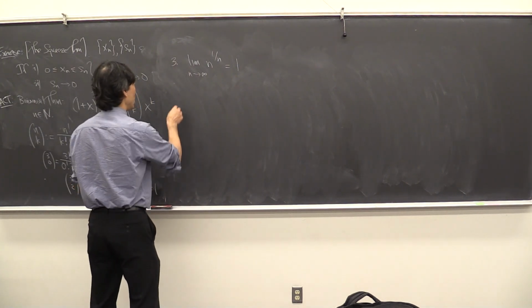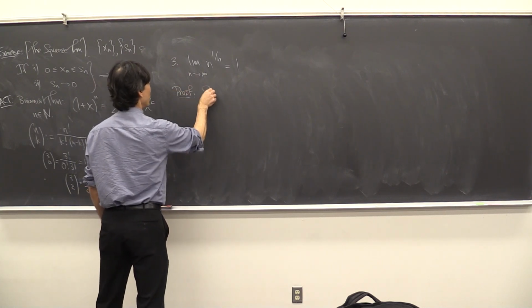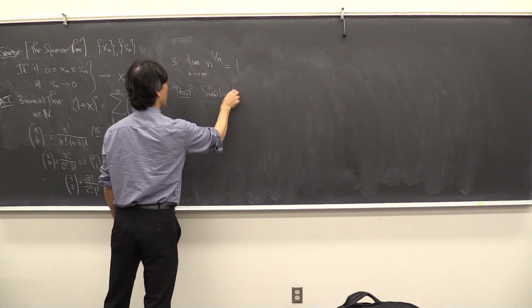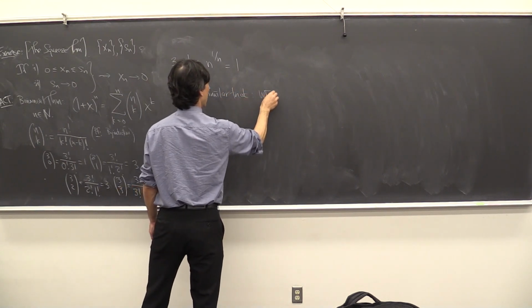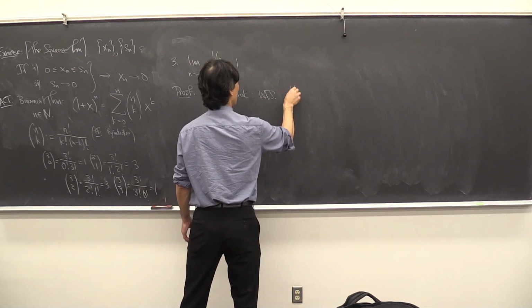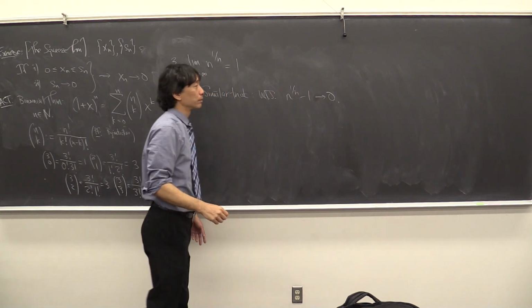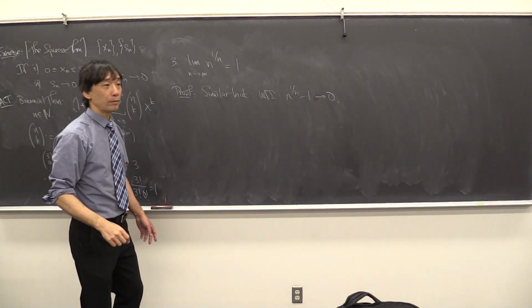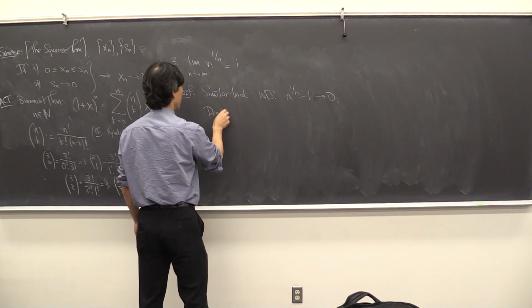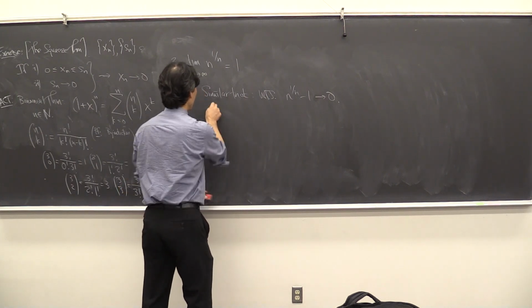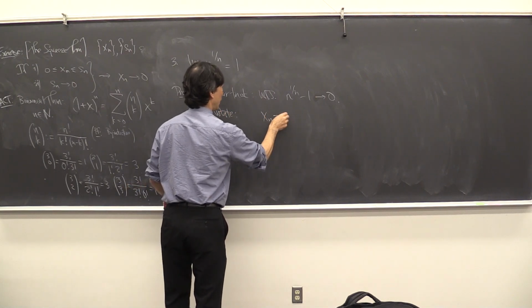So we're going to play a similar trick. We want to show that this thing minus 1 goes to 0. We play the same trick, denoting x sub n as this thing.